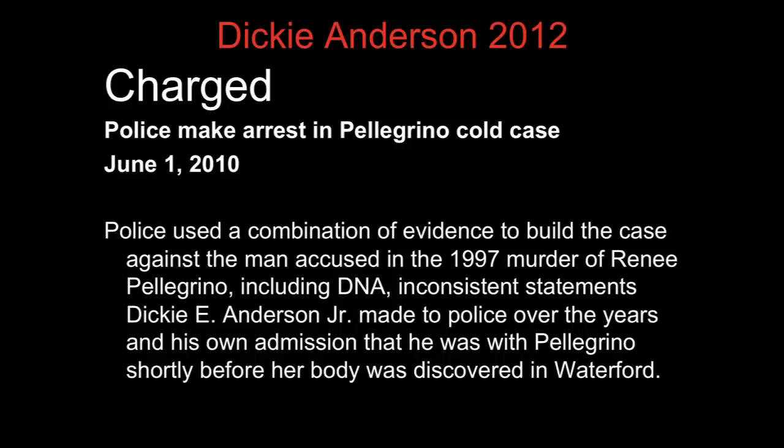The police used a combination of evidence to build the case against the man accused in the 1997 murder of Rene Pellegrino, including DNA evidence.